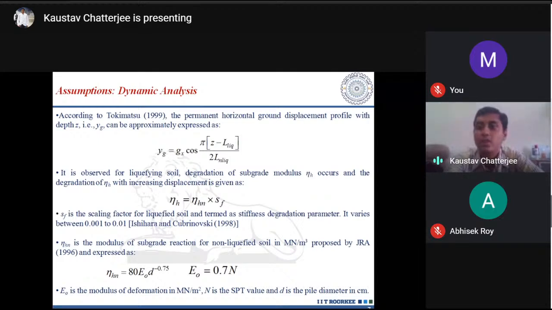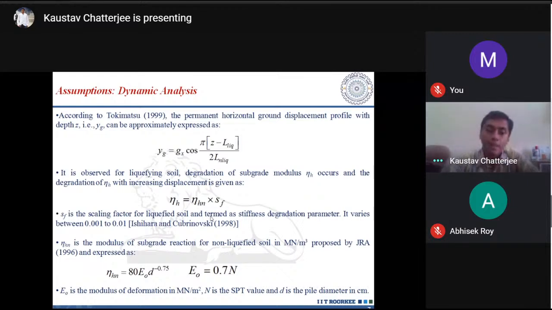Why? Because in case of a liquefiable soil, the shear strength of the soil is almost equal to 0, because my effective stress is equal to 0, and we know from Mohr's theory that my tau, the shear strength, is a function of my effective stress. So my ηh equals ηhn into SF, where SF is called the stiffness degradation factor, which varies from 0.001 to 0.01 as per Ishihara and Cubrinovski 1998.